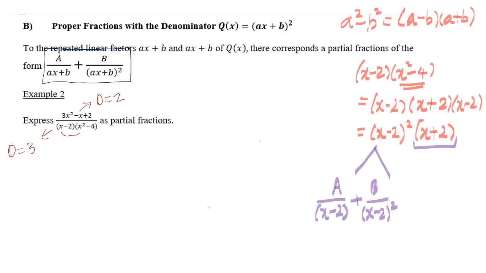We also learned in the earlier activity that if you have a proper fraction with a linear denominator, then you can express it as what? A constant. We're going to let it be c over your linear factor. So in this example 2, in this particular question, we can actually have 3 partial fractions. All right, so let's put all this into a proper form.